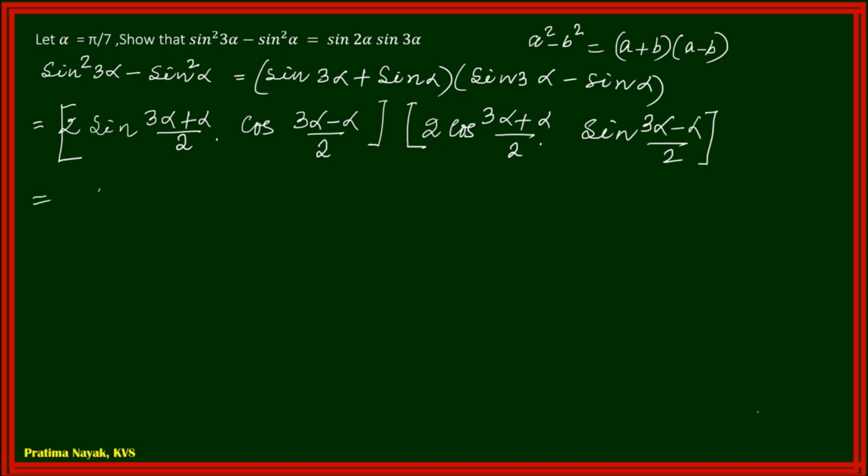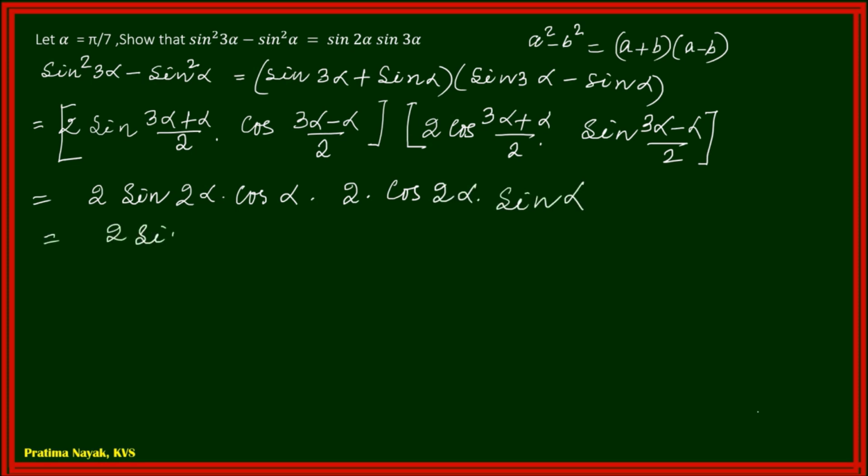So in the next step, it will be twice sine of 3 alpha plus alpha, 4 alpha by 2, that will be twice alpha, and here 2 alpha by 2 is cos alpha, multiplied by twice, in the same way, cos 2 alpha multiplied by sine alpha. So I'll arrange now 2 sine 2 alpha and cos 2 alpha together, and twice cos alpha sine alpha together.